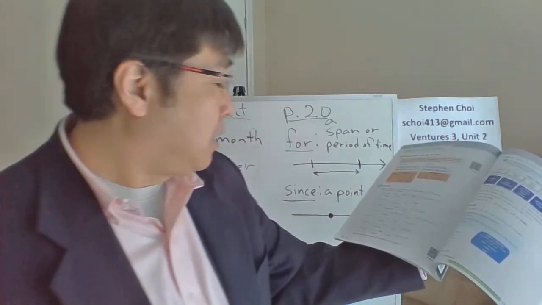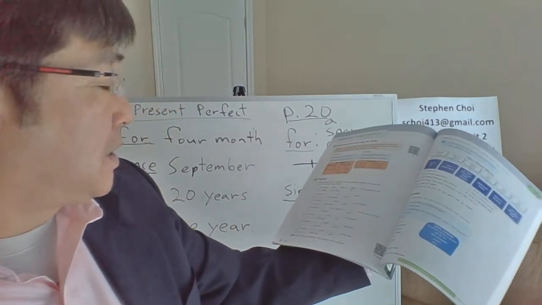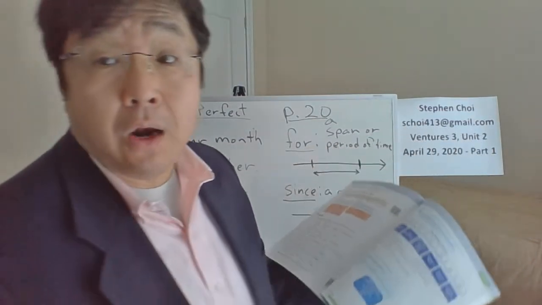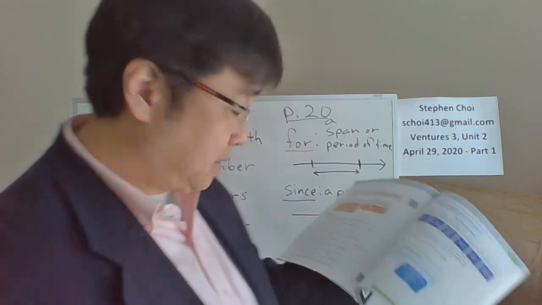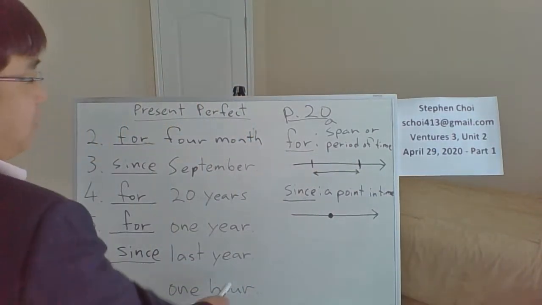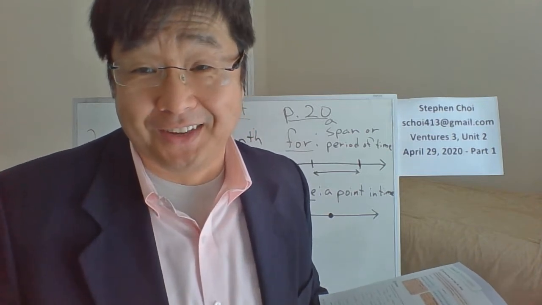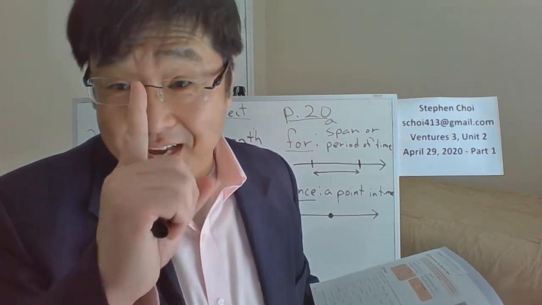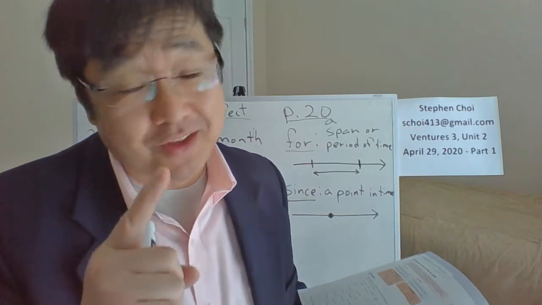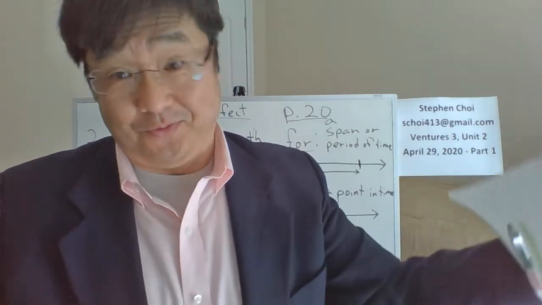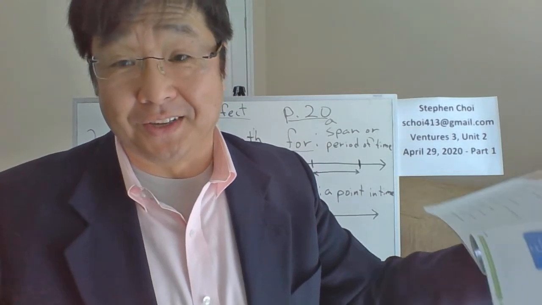So how long has Pete waited for the bus? The answer is 1 hour. What's 1 hour? Does it sound like just a moment, a point in time? No. 1 hour is 1 hour, 60 minutes.